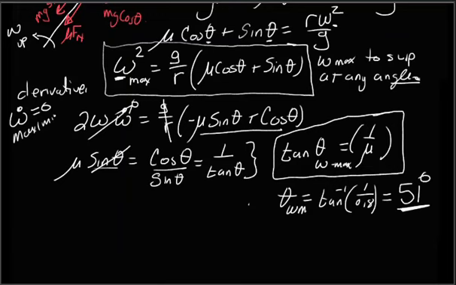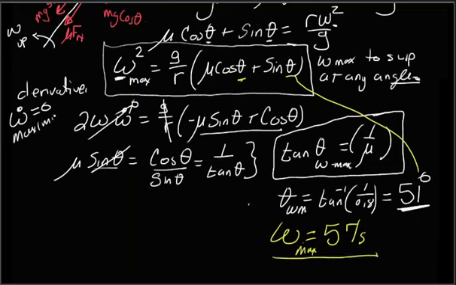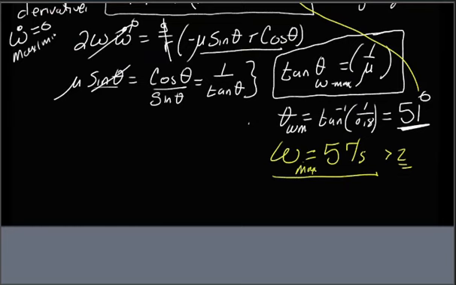And if we plug the 51 degrees into here, we'll find that that omega max is 5 radians per second, which is greater than the 2 that we had before. The trick is it will slip off before it reaches it.